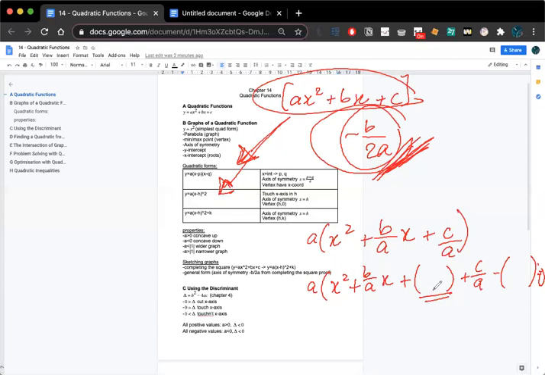To find this, you would have to divide b over a by 2 and then square it for the value here. So that would be b over 2a squared plus c over a minus b over 2a squared, to make sure that the equation is balanced.